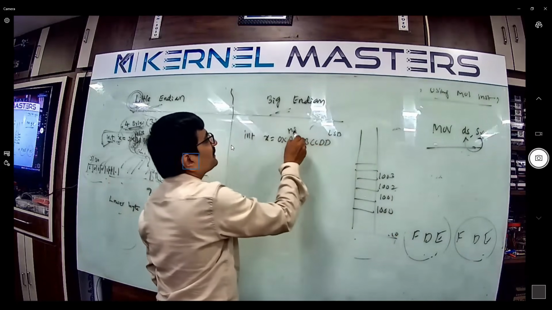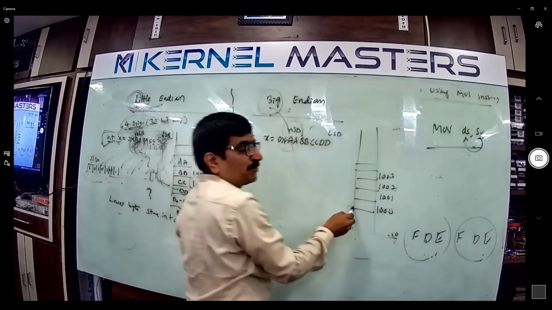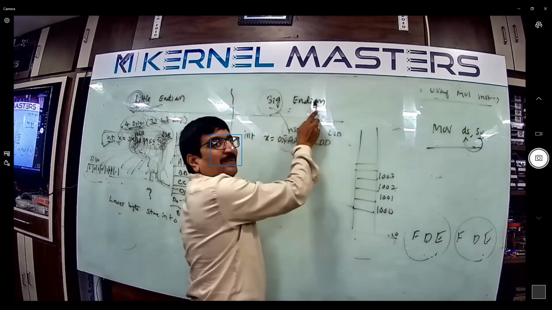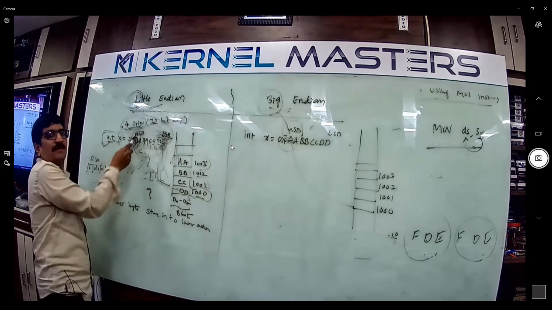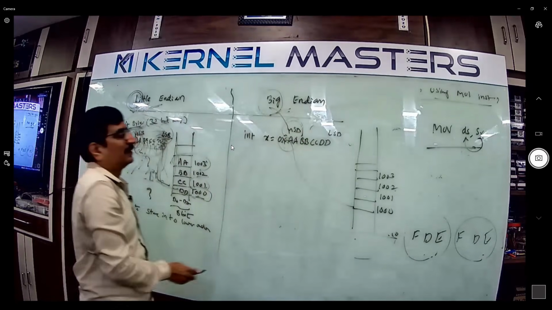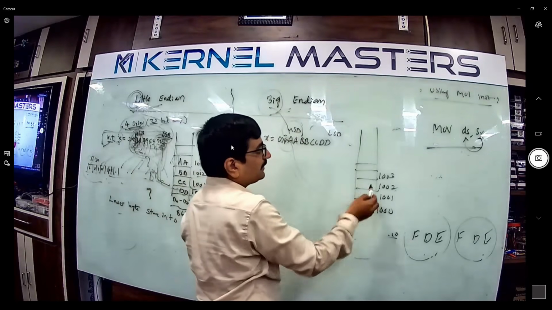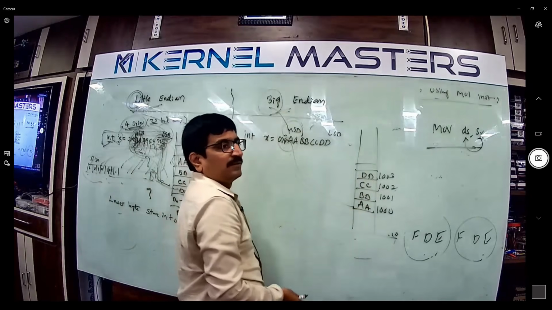First store the most significant byte, MSB followed by LSB. That is Big Endian. Little Endian is LSB followed by MSB. In Big Endian, first AA is stored, next BB, next CC, next DD.